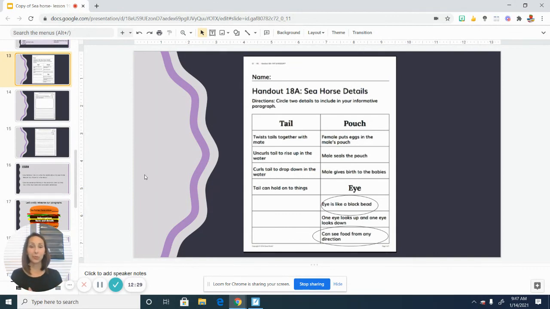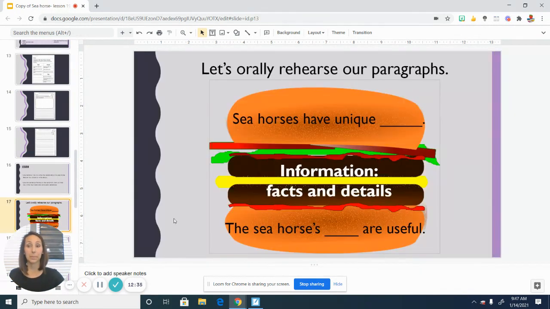Just go through the steps, choosing your 1 feature, your 2 details, practice your paragraph, just saying it out loud. Use the organizer here to help walk you through. And then, walk away from it for a little bit, come back, read back over it, check for capitals, punctuation, and circle any determiners.